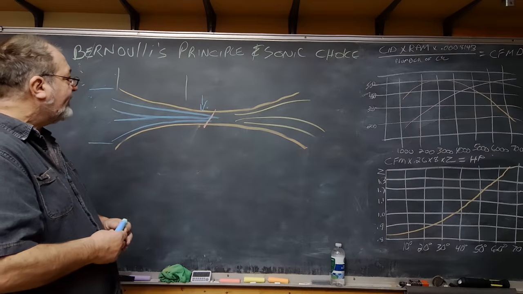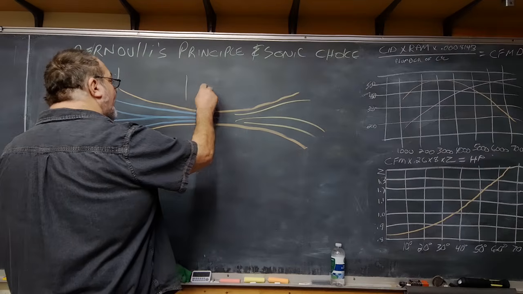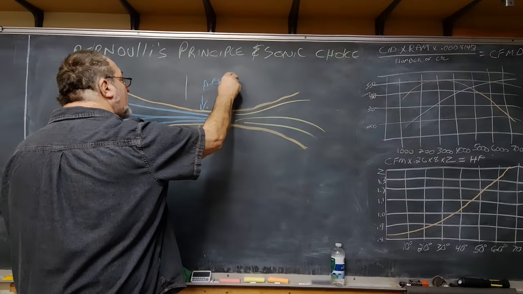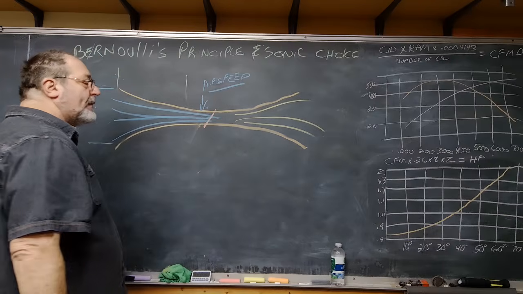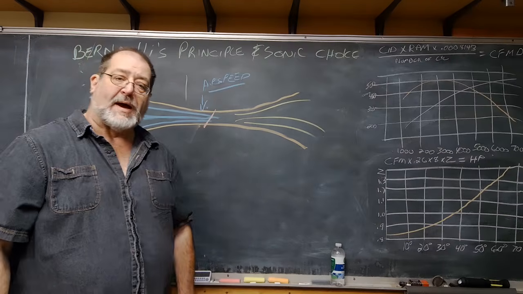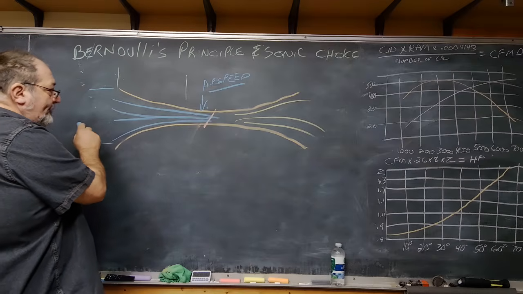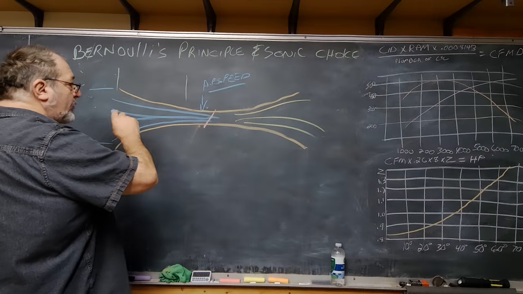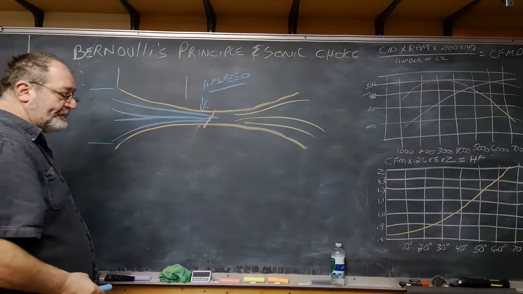Well, my first problem is airspeed at this point is a fixed number. Okay? What this relies on is you speeding up the air, okay, in order to increase the amount of air across the restriction.